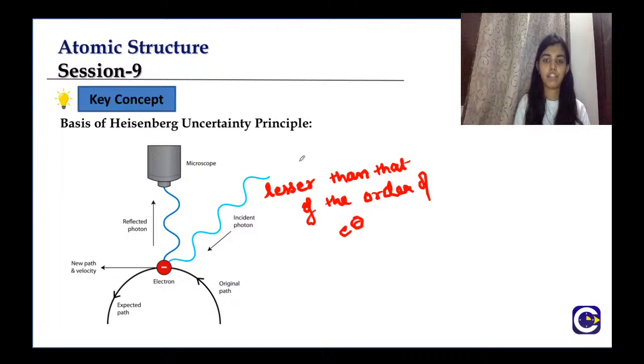So the wavelength should be smaller. Are you able to understand this particular thing? Let me know in the chat section box.